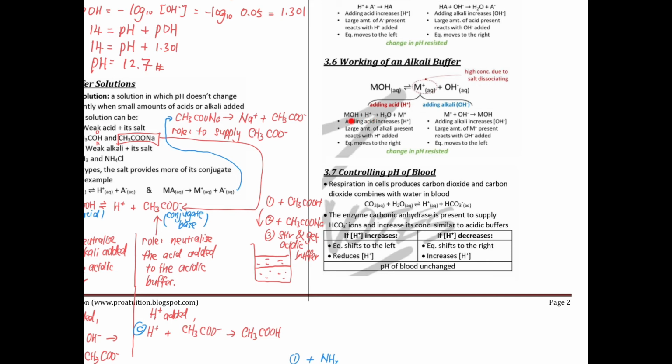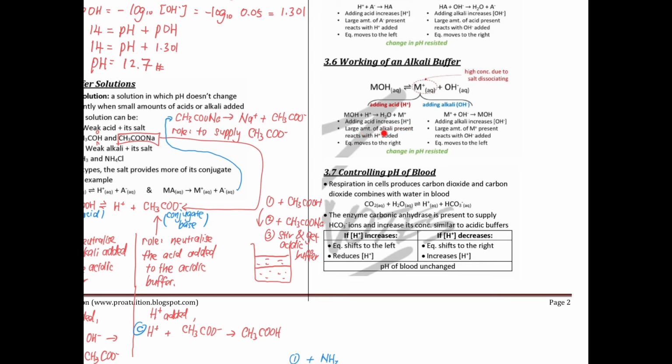So the equation is, when acid is added, the alkaline here is going to neutralize the acid to form water and the salt. Adding acid increases the hydrogen ions.